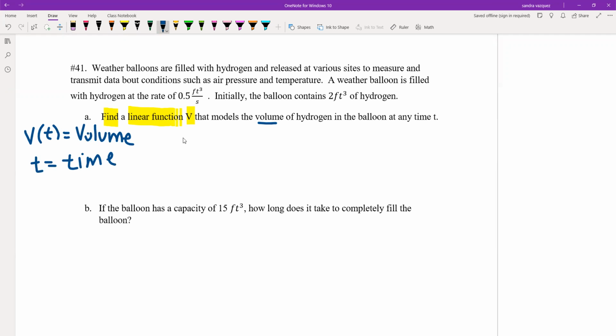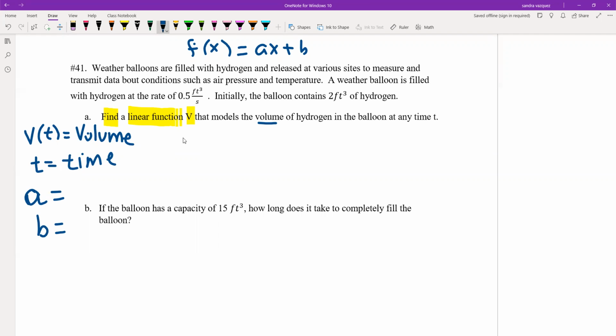Then I need the slope A, because I have to put it into the form f of x equals ax plus b. I need to find A, and then I need to find B. What's A and what's B?